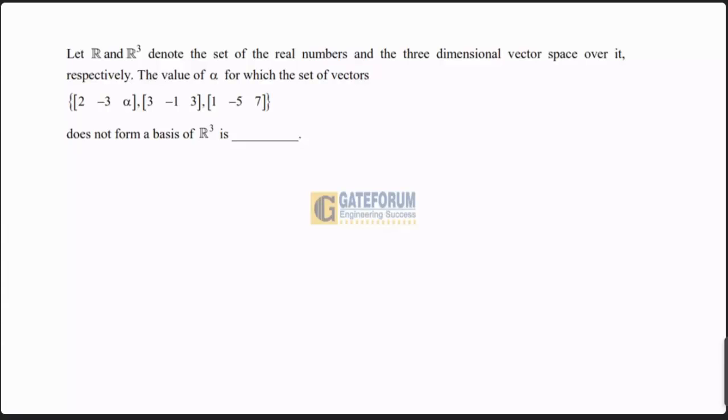The question is, let R and R cube denote the set of the real numbers and the three-dimensional vector space over it respectively. The value of alpha for which the set of vectors {(2, minus 3, alpha), (3, minus 1, 3), (1, minus 5, 7)} does not form a basis of R cube is dash.